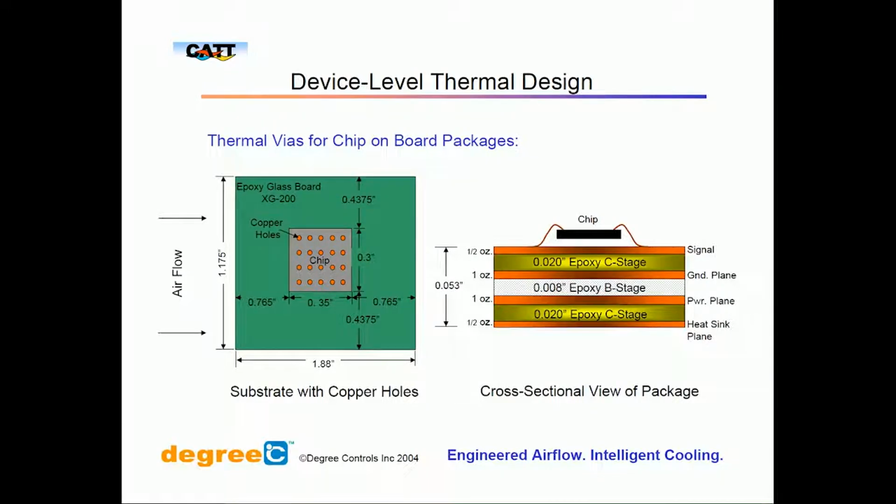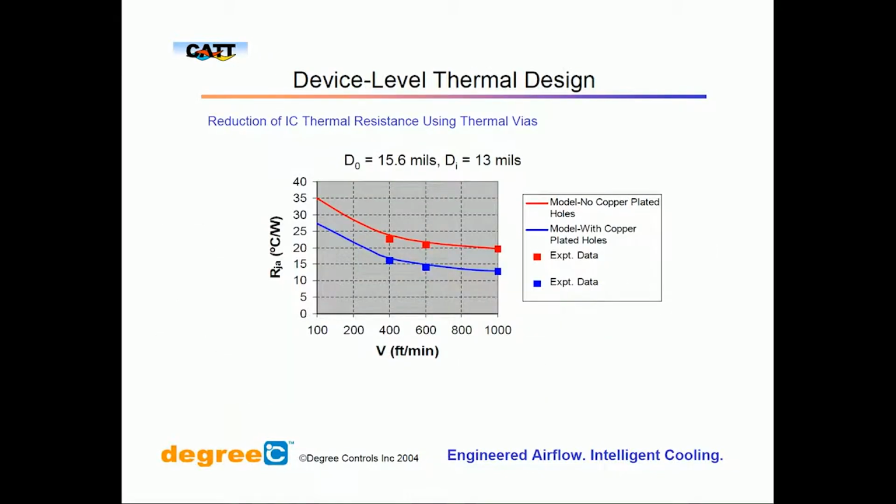So, we have what are called thermal vias. What a thermal via does is, from top to bottom they put copper, which allows us to conduct.